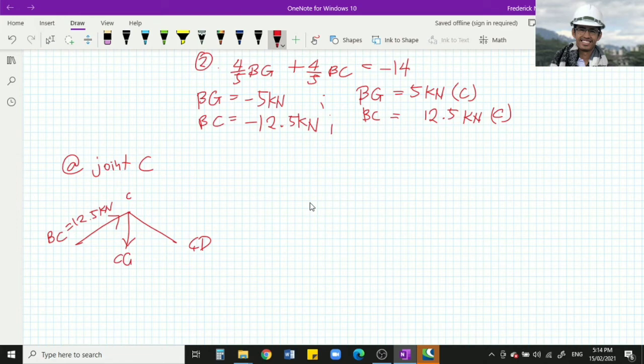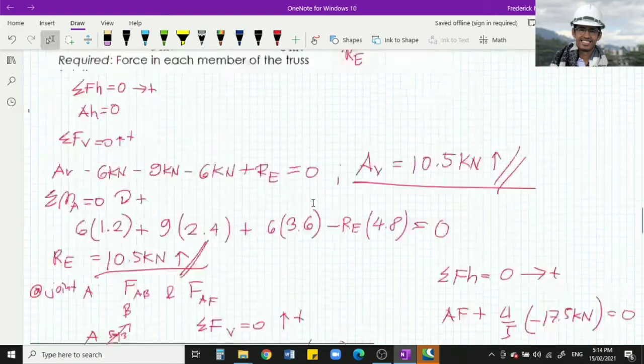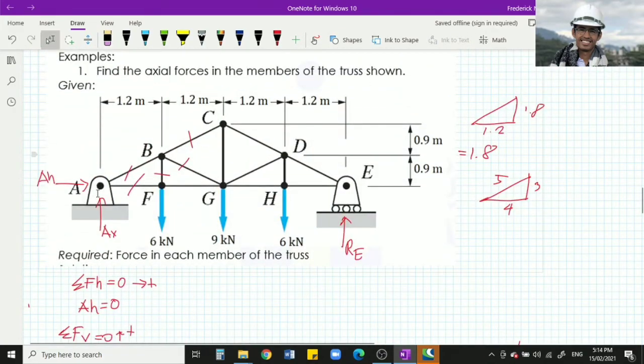So kung makikita nyo, this is symmetrical. So yung truss natin is symmetrical, okay? So kung ano yung nandito sa right side, if hahatiin natin ito sa dalawa, kung ano yung nandito sa left side, so same din siya yung nandito dito sa ating right side, okay?